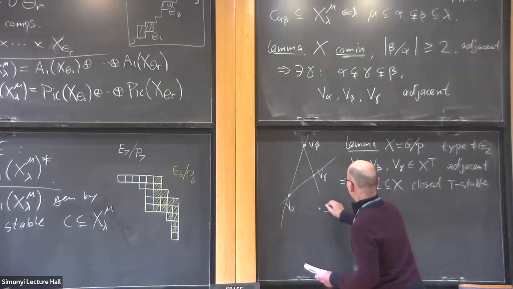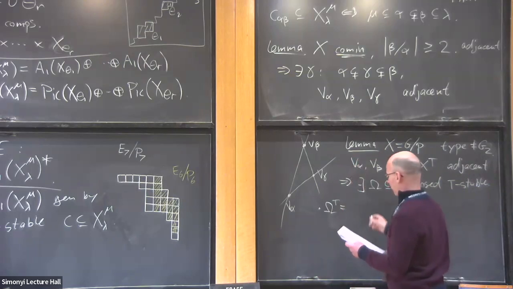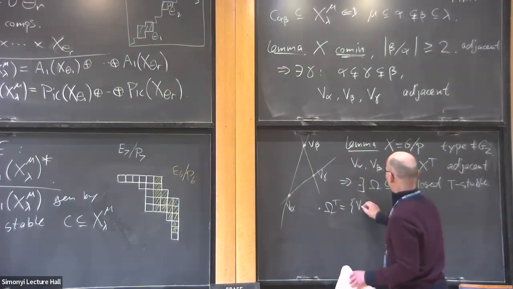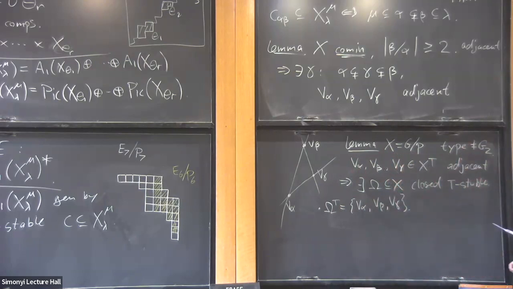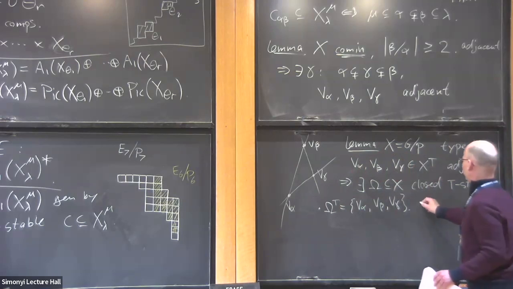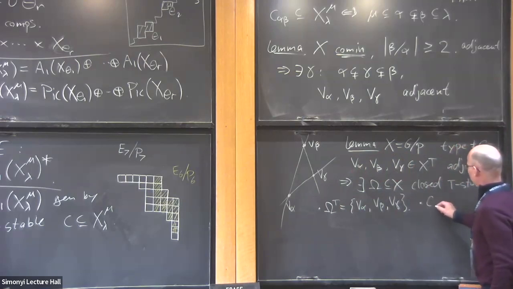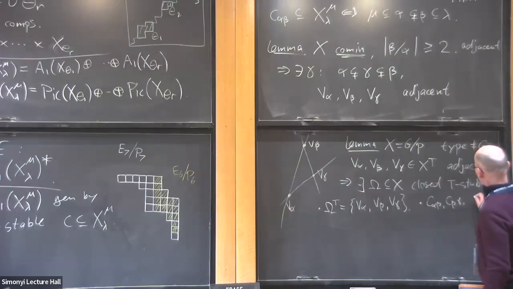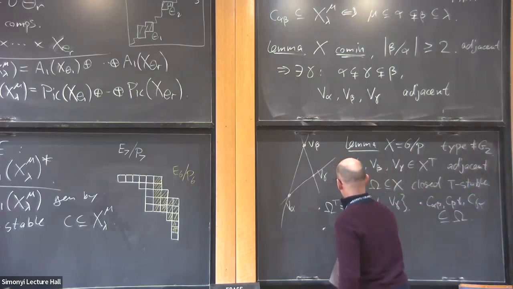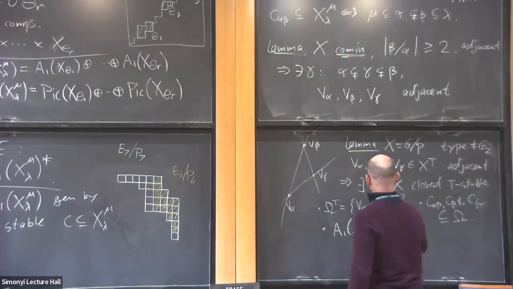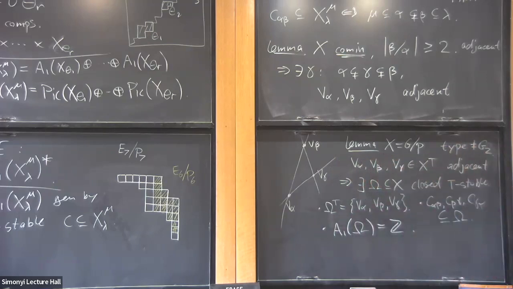You have that the T fixed points of omega are exactly your three adjacent points. The curves through those points are contained in your omega, and finally, the first Chow group of omega is just the integers.